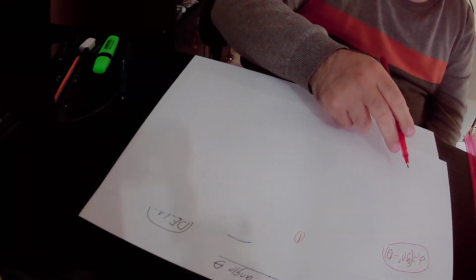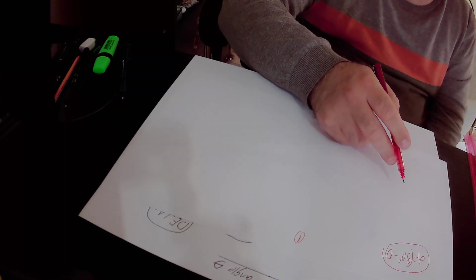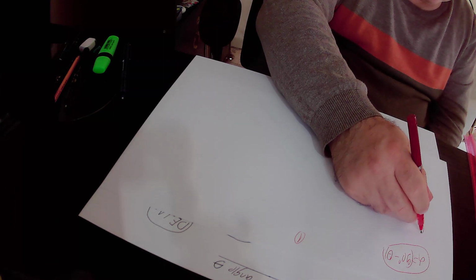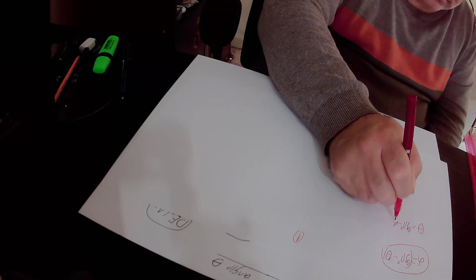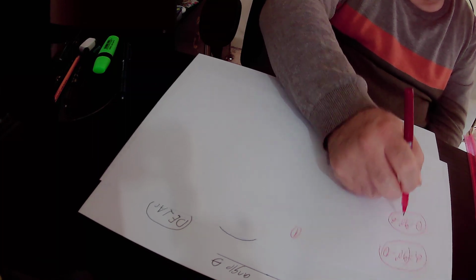Here we will add theta to this equation and subtract alpha, and we will get that theta equals 90 degrees minus alpha.